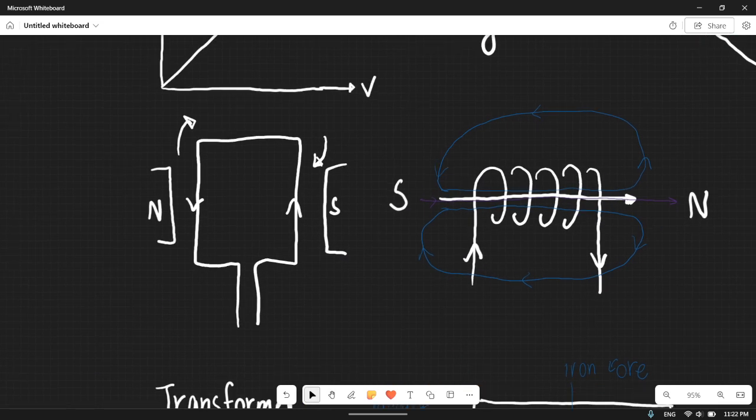Now this is basically a coil of wires. This shows how the coil of wires turns.